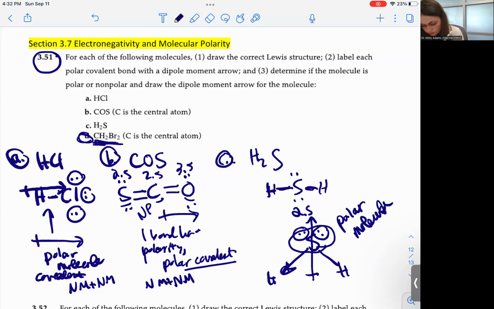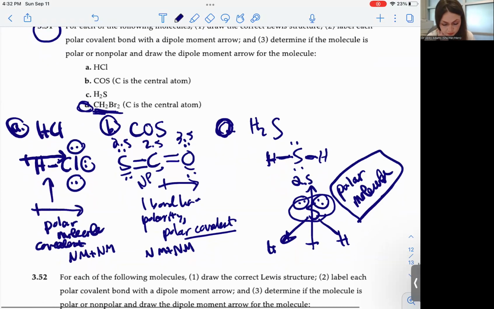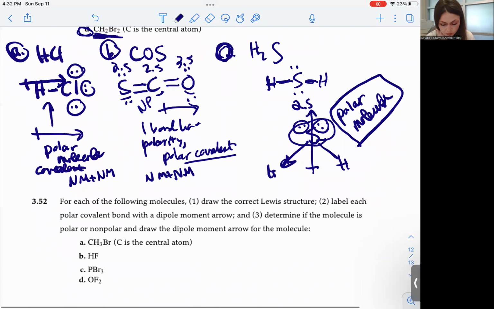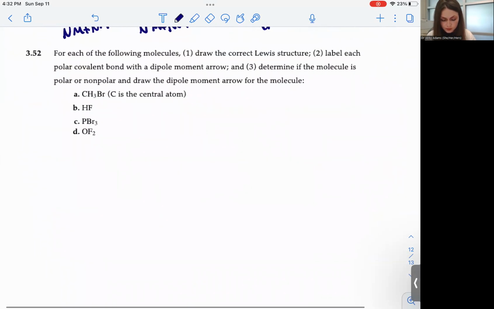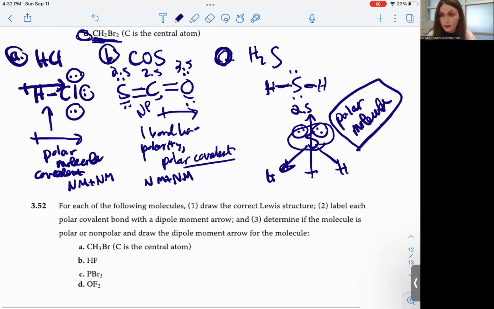Similar to the way it worked with water, kind of. So you've definitely got a polar molecule here. Don't let that confuse you. I'll go ahead and work D. And that's going to be it. All right. Thank you.